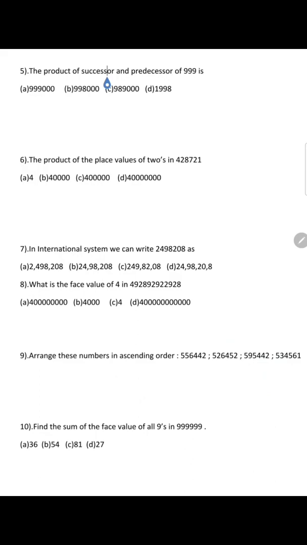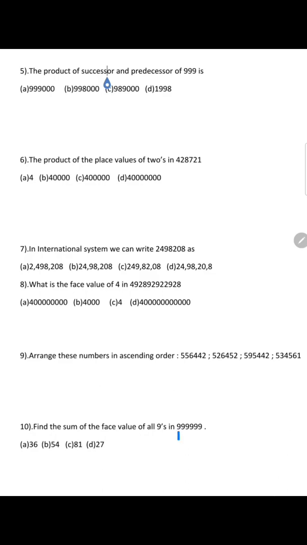So the next question is, find the sum of the face value of all nines in this number. 9,99,999. You have to find the sum of all the face values of nines in this number. First of all, let us see what are the face values of all the nines.